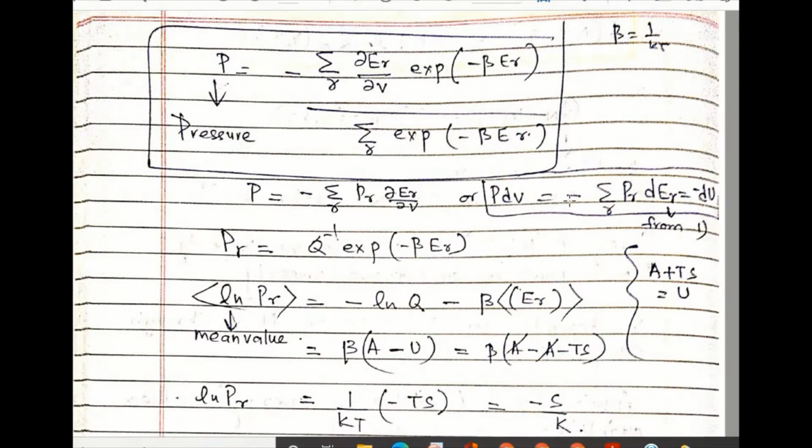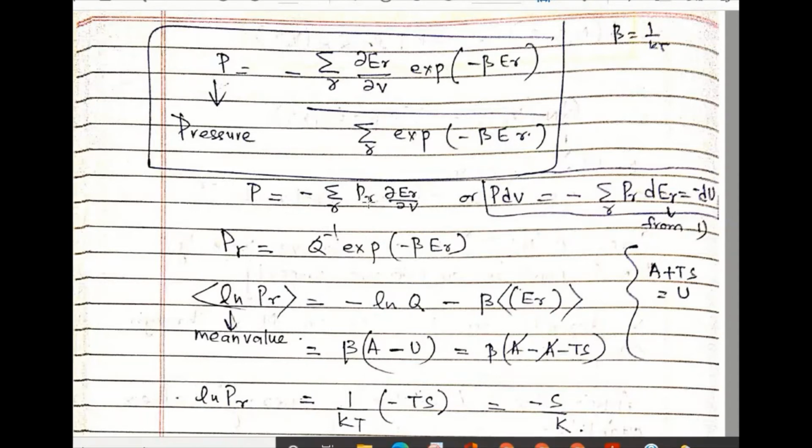Now what is this term? This term is actually the probability. If you look at this part, exponential minus beta Er by summation exponential minus beta Er is nothing but the probability.